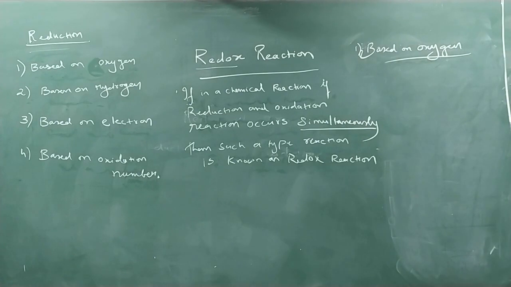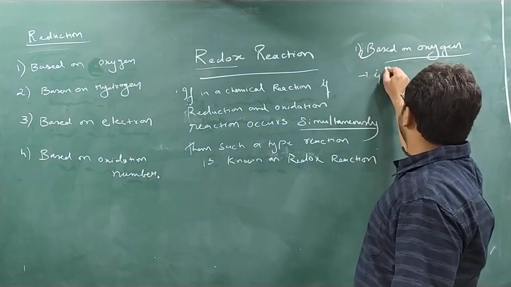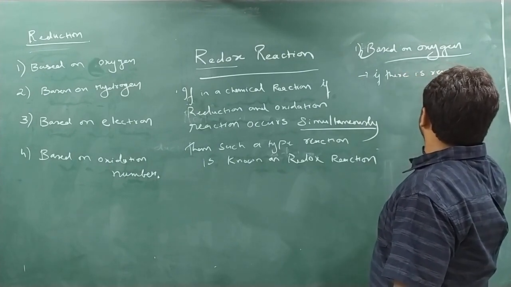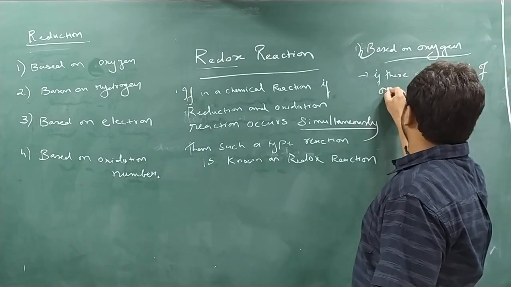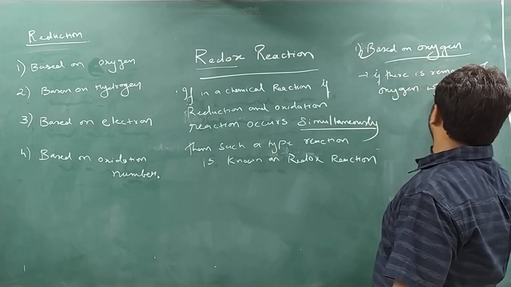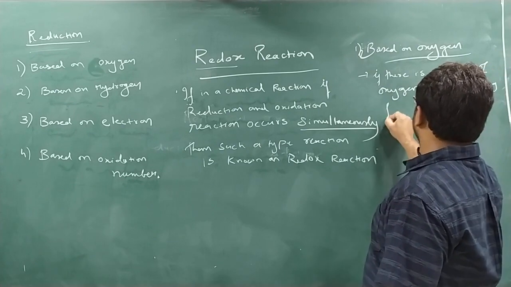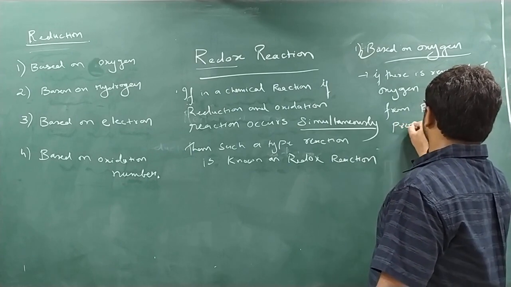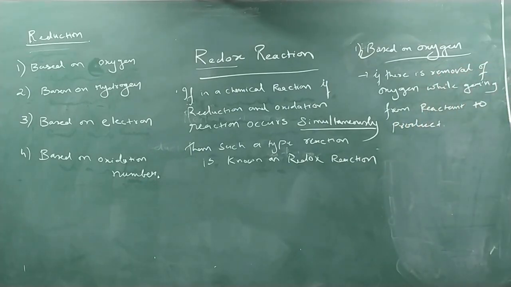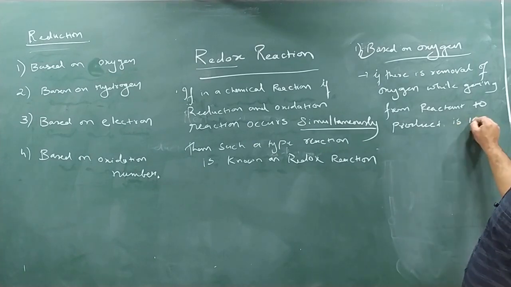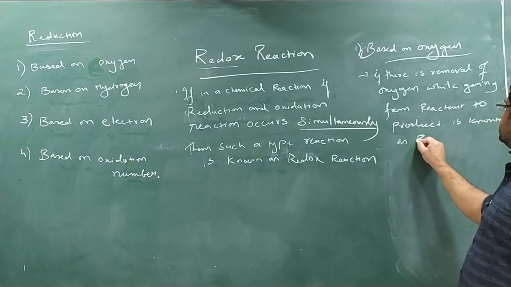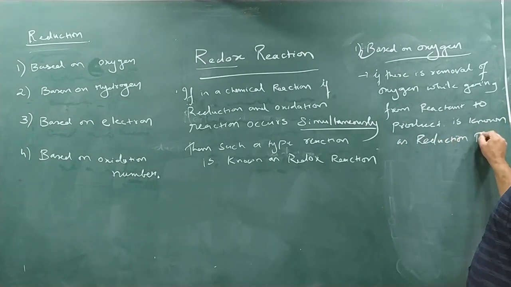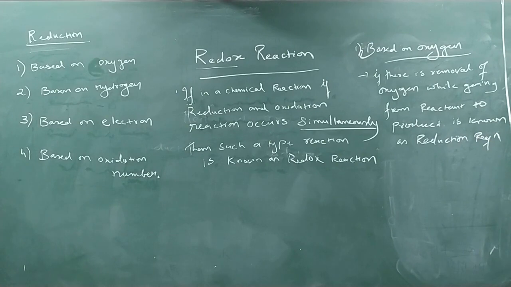Reduction based on oxygen says, if there is a removal of oxygen, in oxidation it was added, but in reduction it is removal of oxygen, while going from reactant to product, such a type of chemical reaction is known as a reduction reaction. This is a reduction reaction. So here the oxygen should be removed.